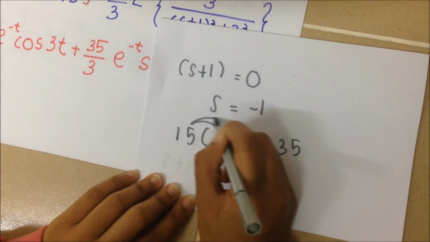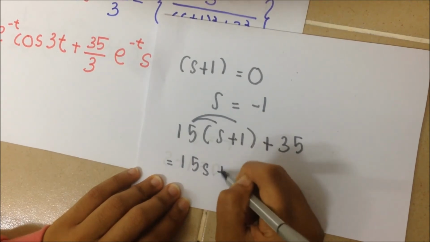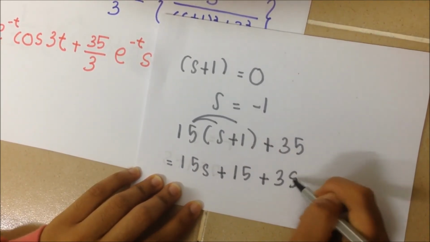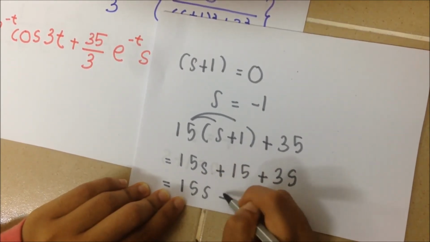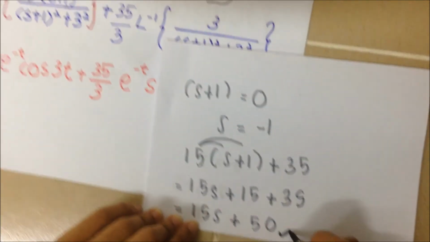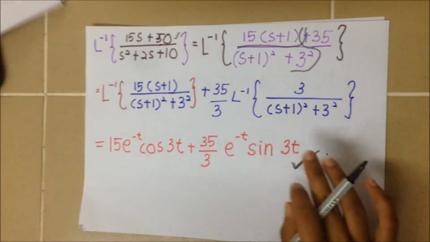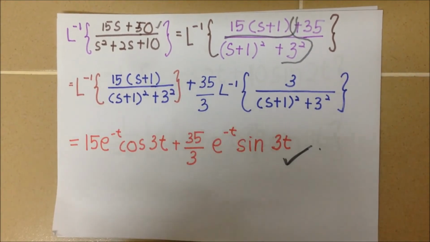So kita expandkan 15S tambah 15 tambah 35. Dan kita still dapat jawapan 15S tambah 50. Sama je yang ni dengan yang ini. Okay. Lepas tu kita factorize lagi, bagi dia kecil lagi, bagi kita kembangkan lagi.